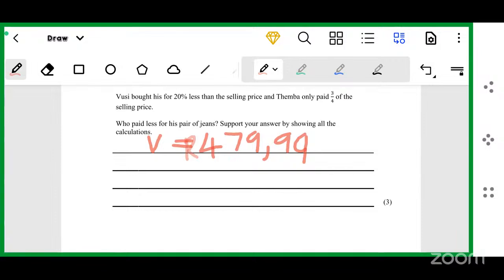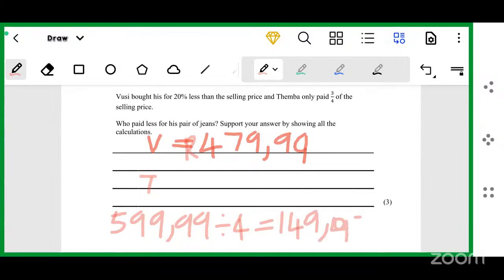I started by saying 599.99 divided by 4, and that gave me 149.99.